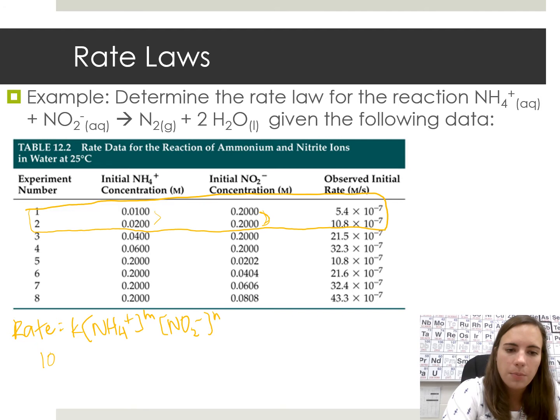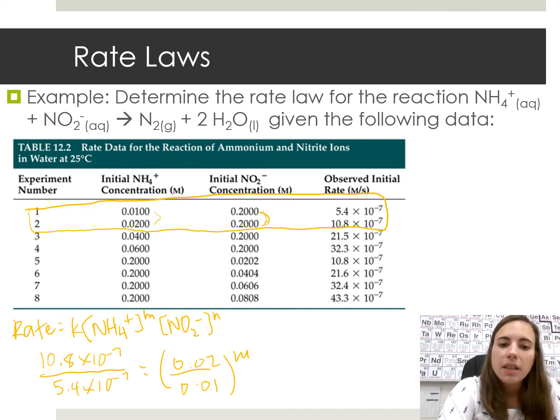So all I end up with times 10 to the negative 7 is my second rate over my first rate, my second concentration over my first concentration raised to its order. Okay? This is an example of one that you could be given on multiple choice, because this is very easy to see and do the math. 2 equals 2 to the m, so m equals 1. So we now know that ammonia is first order.